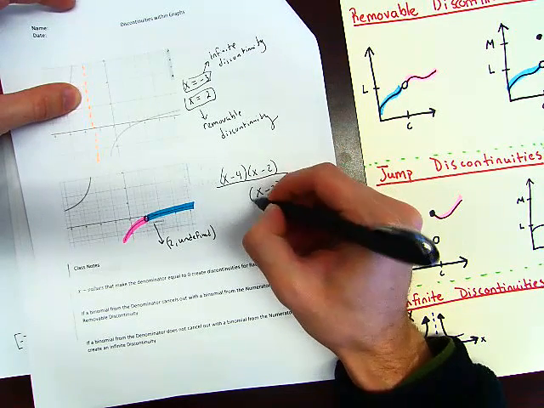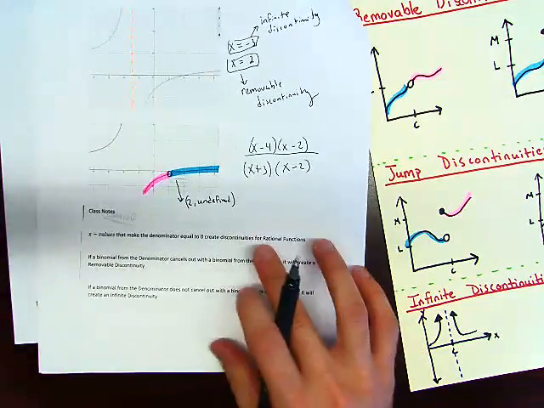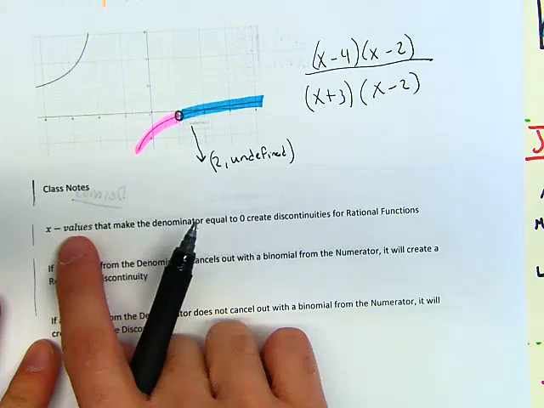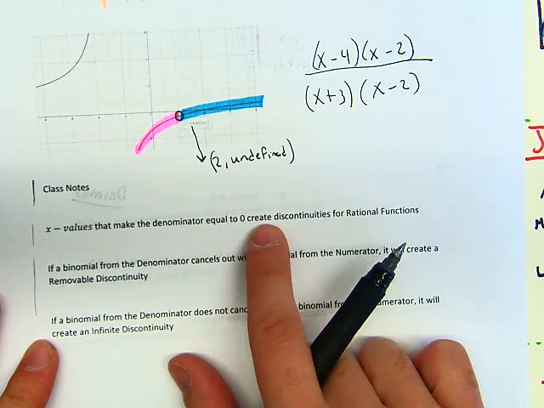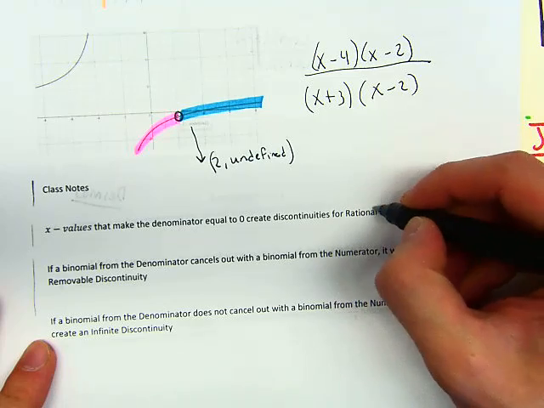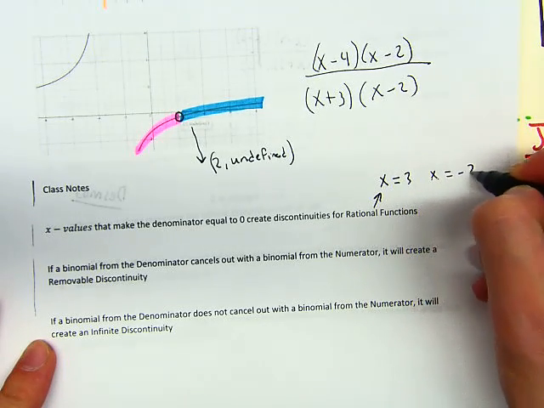X minus 2 and x plus 3. Now this, please, we need to fully understand this. So watch what happens. Here, x values that make the denominator equal to 0 create discontinuities. So we know there's a discontinuity at x equals 2 and at x equals -3.